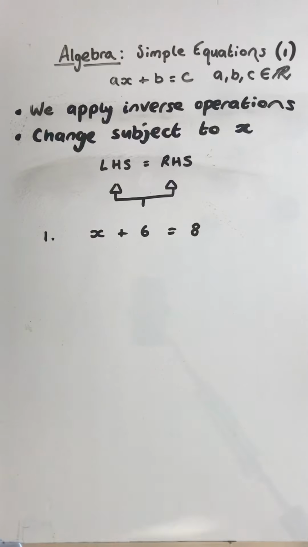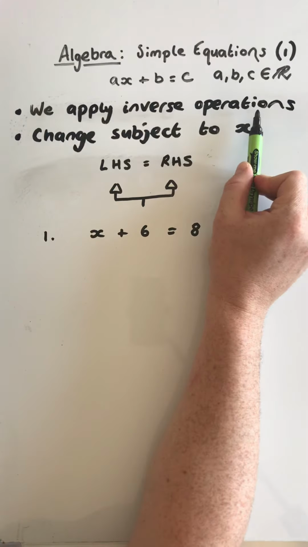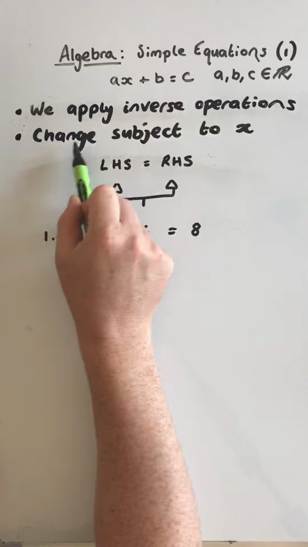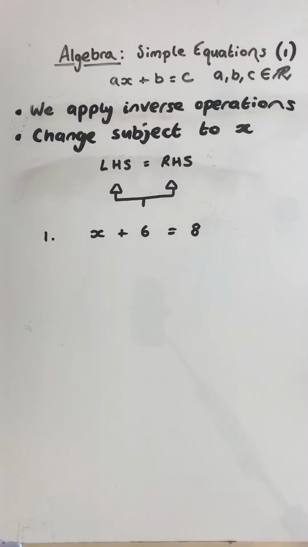Okay, the expectation in secondary is to solve this algebraically by applying inverse operations, so that you have the subject, the unknown variable, on its own. Alright. If you haven't already done so, can you please watch the first video on applying and solving equations.